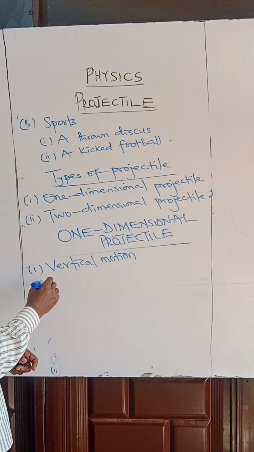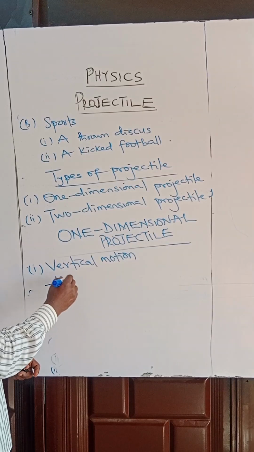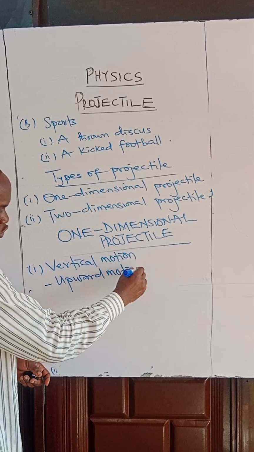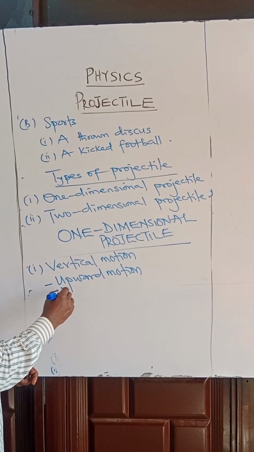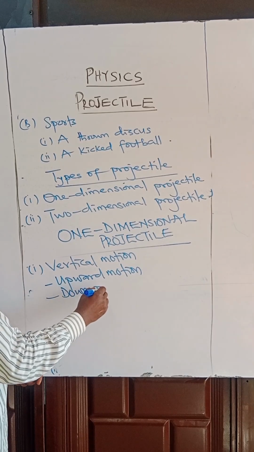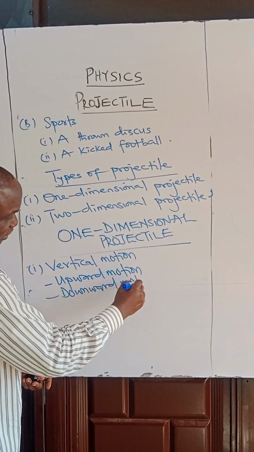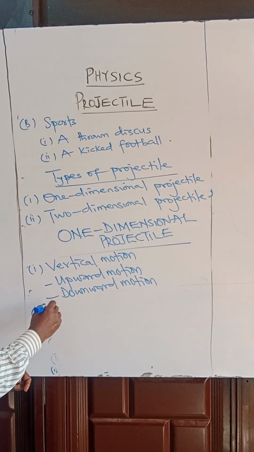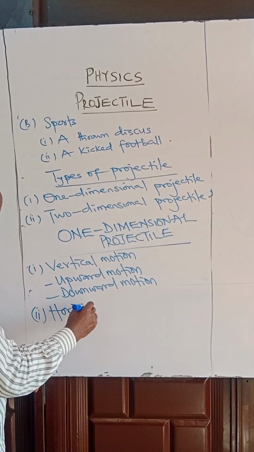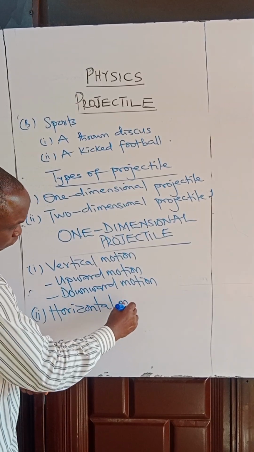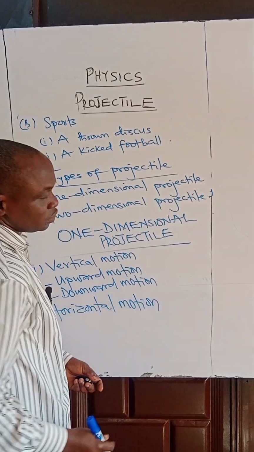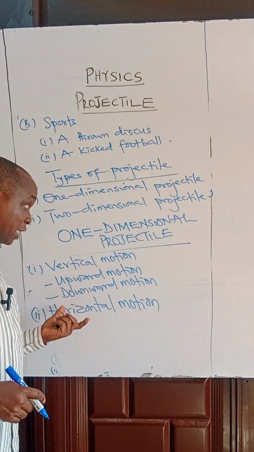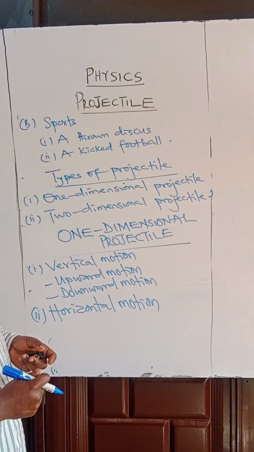It can be upward motion, when something is thrown vertically upward, or downward motion. These are the two types of motion under vertical motion. Then two, we have horizontal motion. These are the different types of motion under one-dimensional projectile.